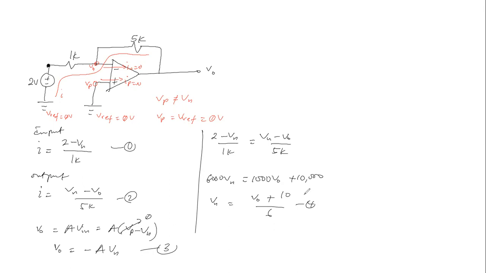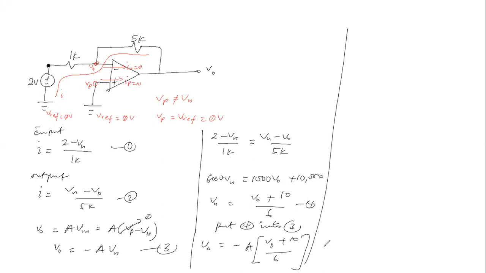Now, if we put the fourth equation into the third equation, then V naught is the same as negative A times bracket V naught plus 10 divided by 6.